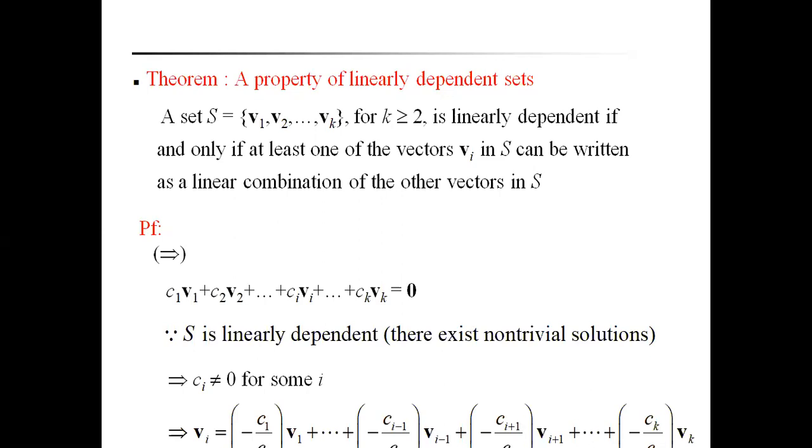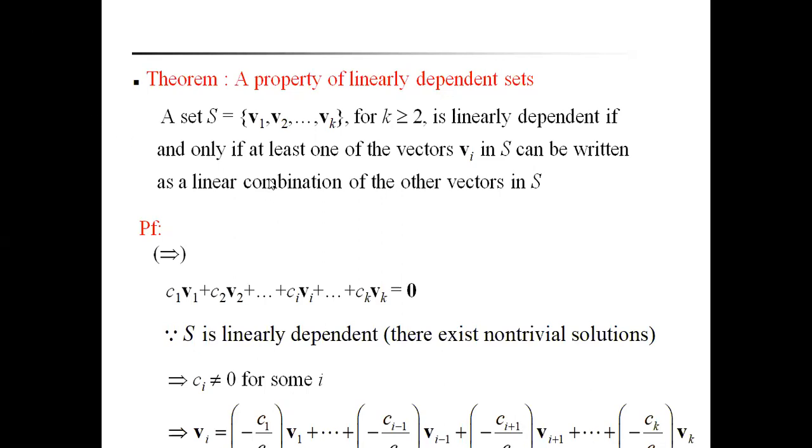See here, the vector Vi can be written as a linear combination of other vectors. Other vectors means other than Vi, that is V1, so on, Vi minus 1, Vi plus 1, and so on, Vk. So it is called a linear combination of the other vectors.